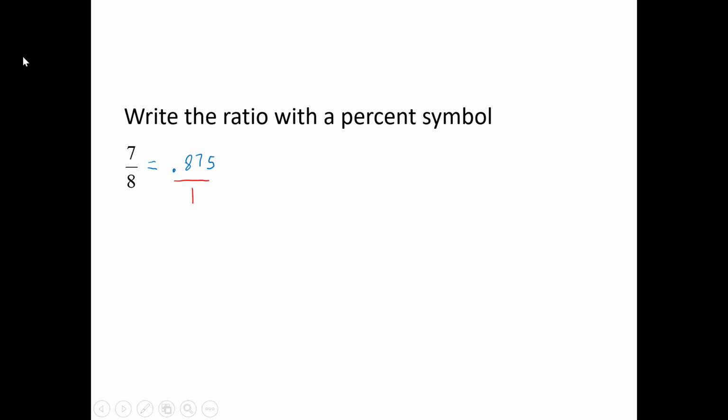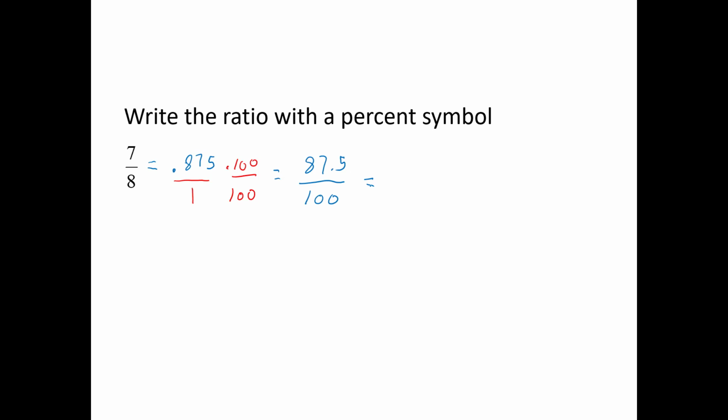Write the ratio with a percent symbol means we want the denominator to be 100. So we just multiply the numerator and denominator by 100. And then what that gives you is 87.5 over 100.